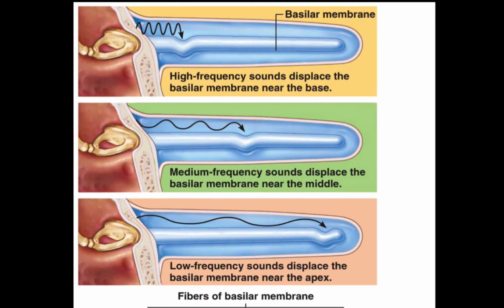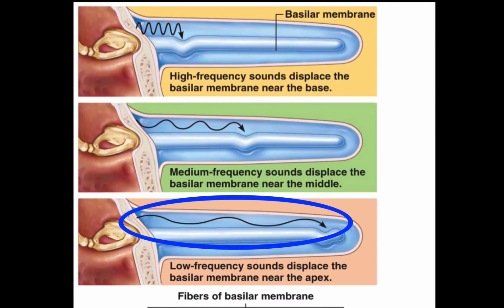So if you have sound energy coming in, I notice the stapes is here on the top, and as sound energy comes in at a high frequency, notice the wavelengths at the top here are very short. That's high frequency. Notice here in the middle, they're longer frequency waves. And notice at the bottom here, they're really long waves.